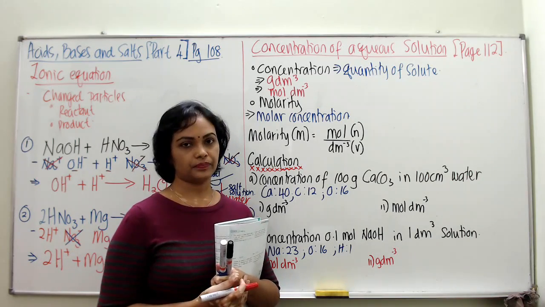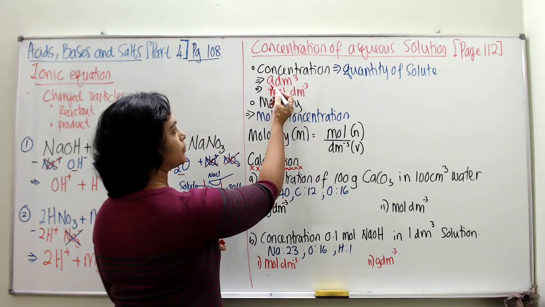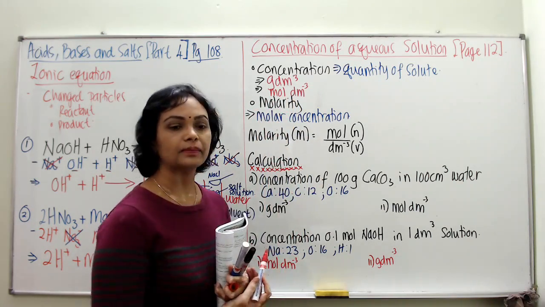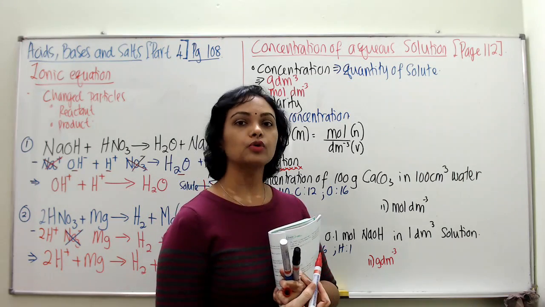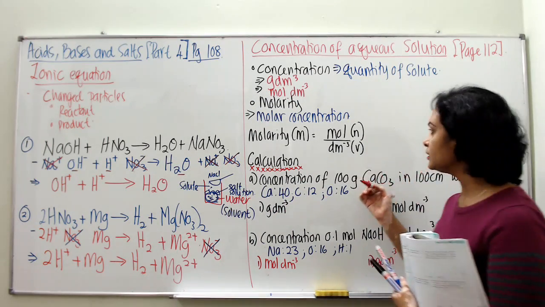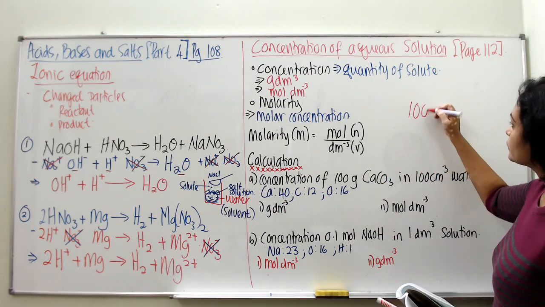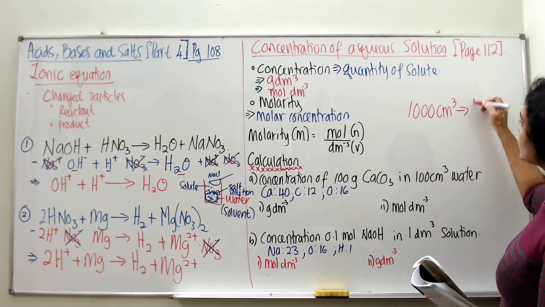Now you might be thinking, gram no problem, mole you have learned in chapter 3, but where does the dm cube come from? This is how we change. 1000 cm cube produces 1 dm cube.